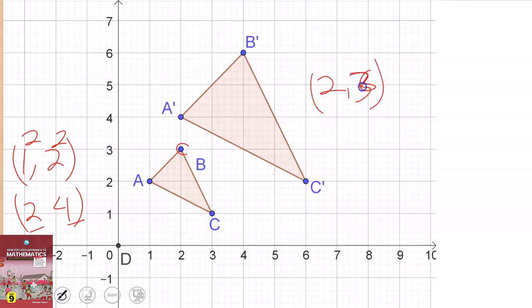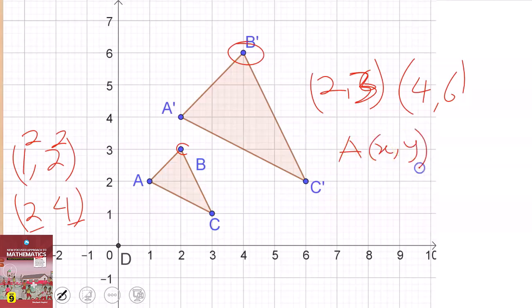If I multiply each coordinate by 2, I will get (4, 6), which is equal to the image of B. So what we are trying to say is that if I have a point A (x, y) and I move the point with a scale factor 2, then A prime will be (2x, 2y). That is all we are trying to learn with the enlargement here.